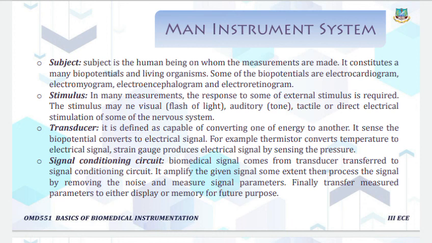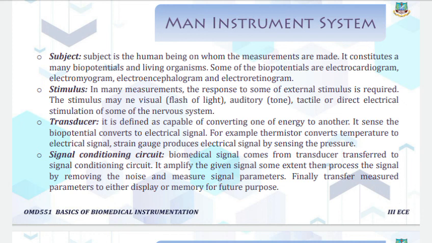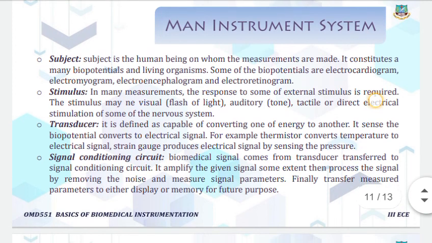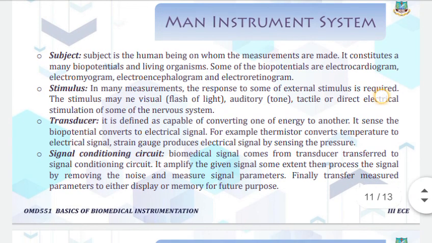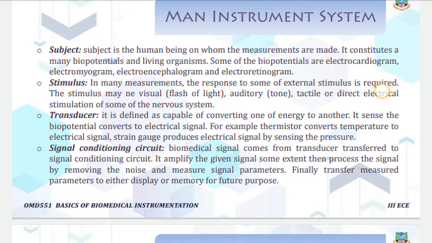Then signal conditioning circuit. Biomedical signals that come from the transducer are transferred to the signal conditioning circuit. It amplifies the given signal to some extent, then processes the signal by removing the noise and measures signal parameters.